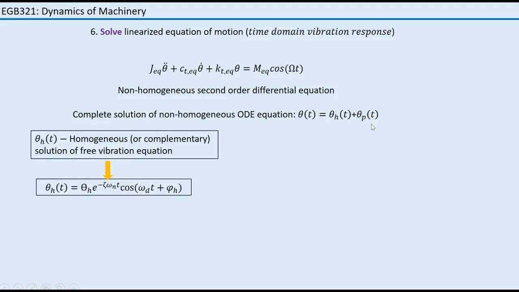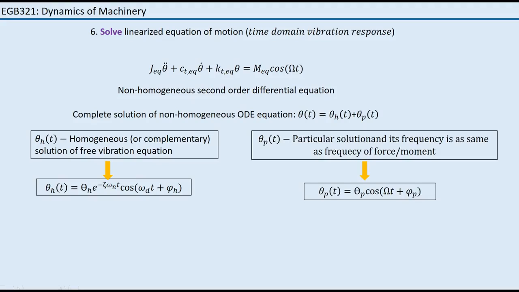Theta h is the homogeneous or complementary solution of the free vibration equation, which can be expressed by this equation, and theta p is the particular solution, which mainly occurs due to force or moment, and the expression for the particular solution is this.